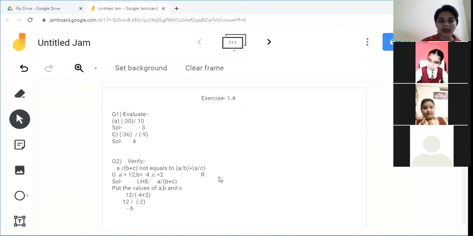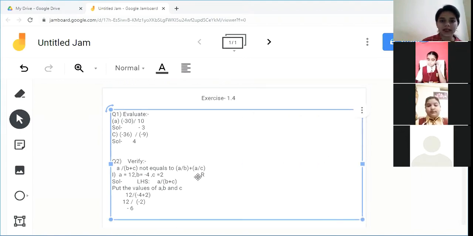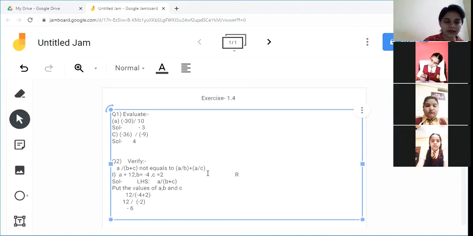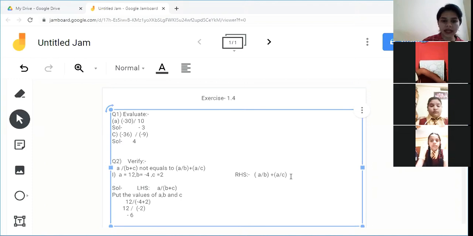so what is RHS, children? A divided by B plus A divided by C. A divided by B, it is in one bracket, plus A divided by C. So what are the values of A, B and C?